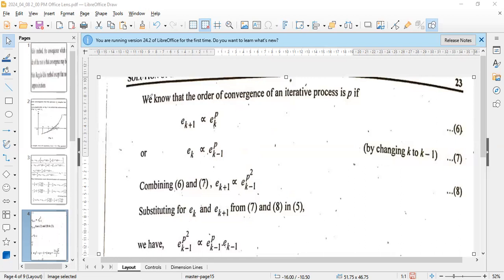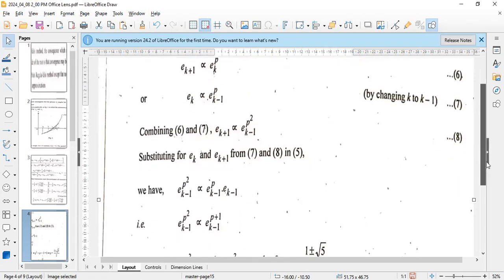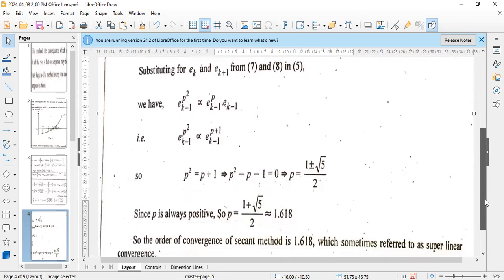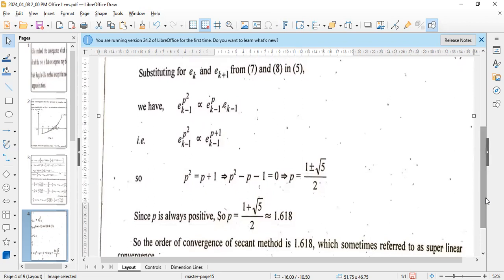Then after substituting, we have ek minus 1 raised to power p square directly proportional to ek minus 1 raised to power p dot ek minus 1. After this we are getting this, because these are same, we are taking it common.